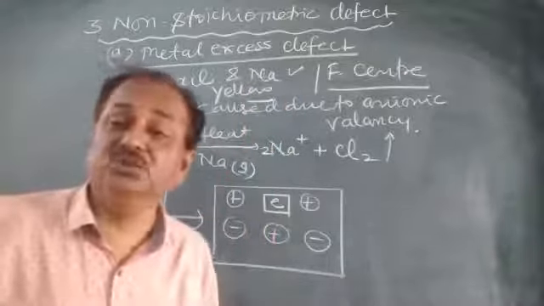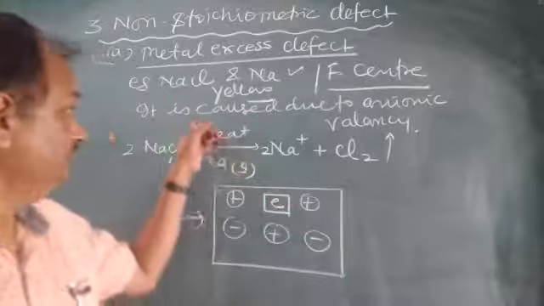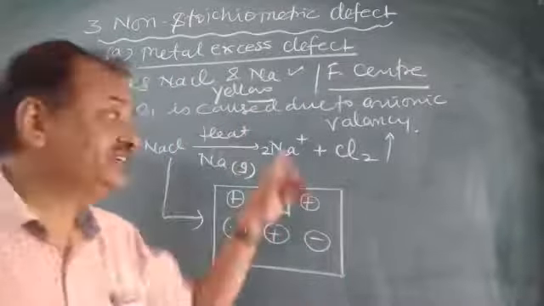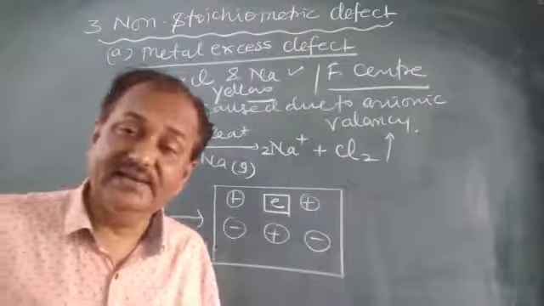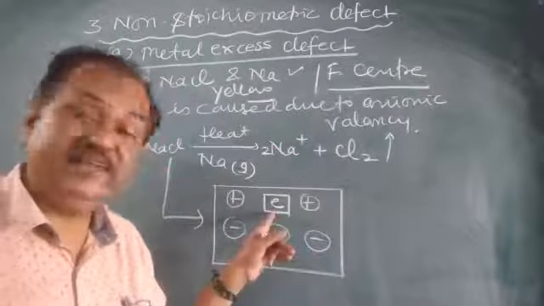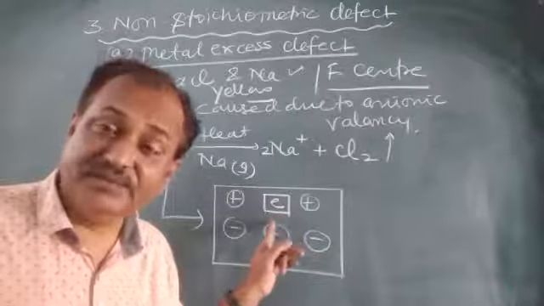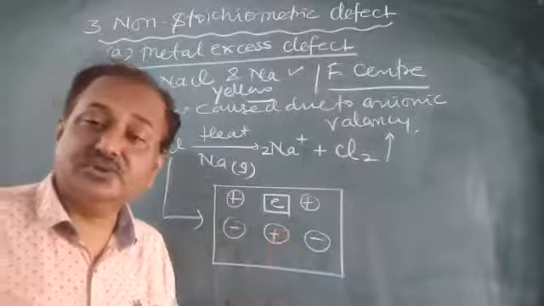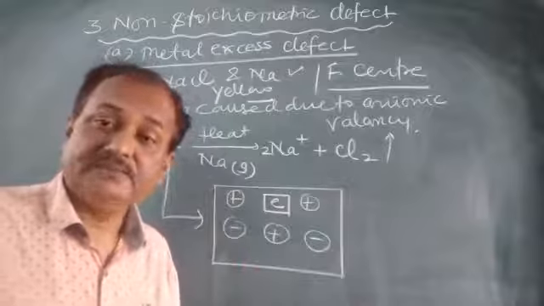This is a very important point to note: when NaCl is heated with sodium metal, it appears yellow because the electron present starts vibrating with a frequency which corresponds to yellow color.